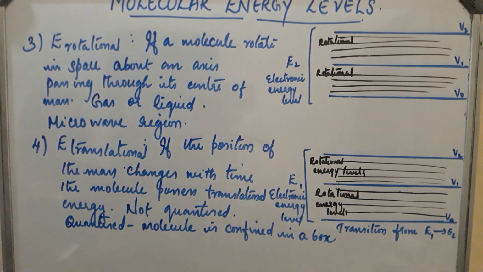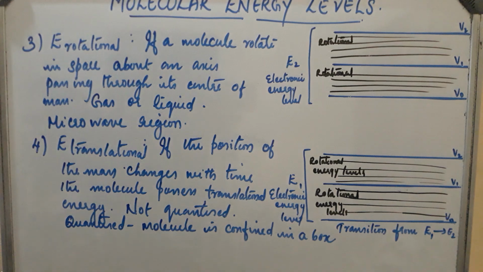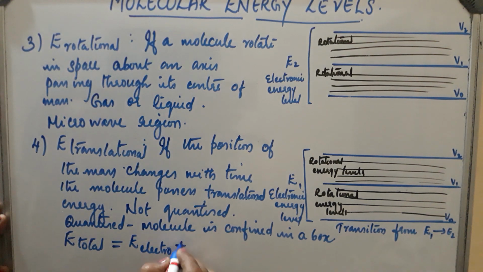Now, the total energy. There are four types of energy. So total energy, E total, will be the sum of the electronic energy, vibrational energy, rotational energy and translational energy. E total is E electronic plus E vibrational plus E rotational plus E translation.